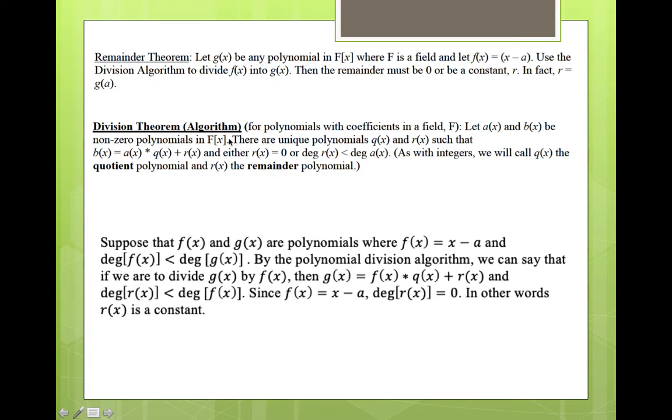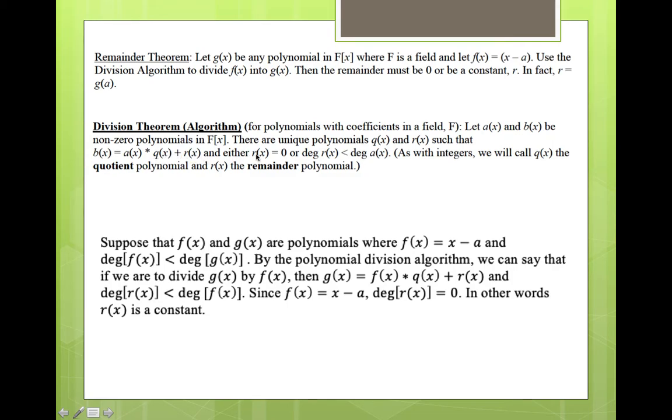In the division algorithm, it says that if you have your polynomials a and b, so this would be like our g and our f in this case, there are unique polynomials q and r such that b, the one that you're dividing, can break down into a times some quotient polynomial plus the remainder, okay?